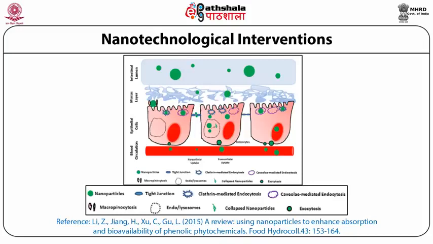This will be understood in our next module. When the bioactives are encapsulated within these nanoformulations, they receive acceptability by the intestinal cells by active diffusion or by caveol and clathrin mediated endocytosis.